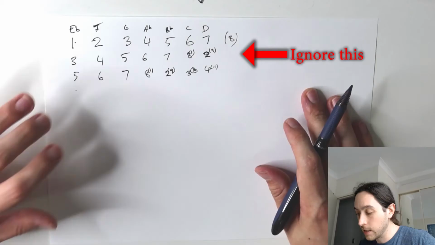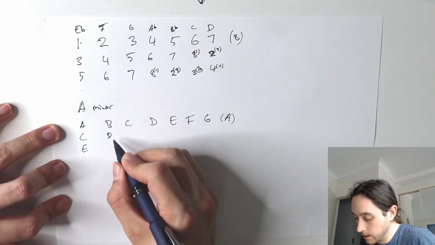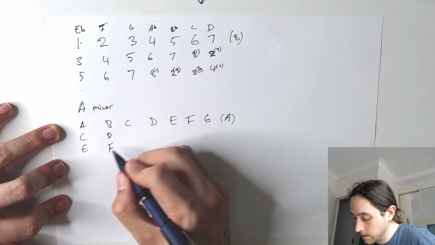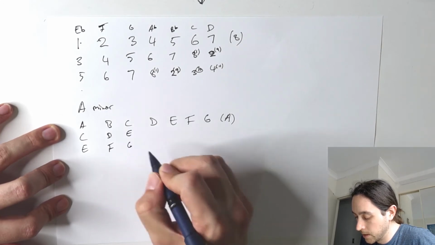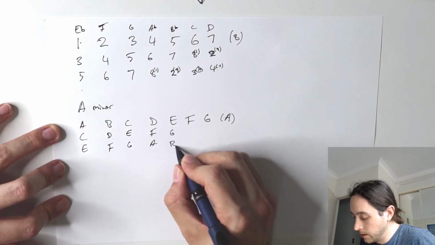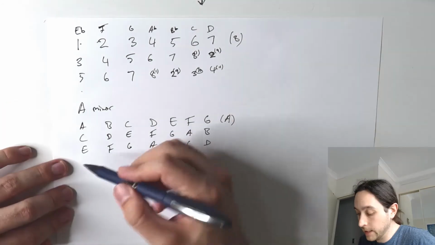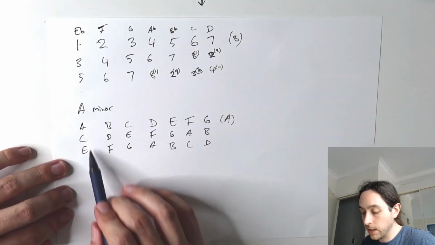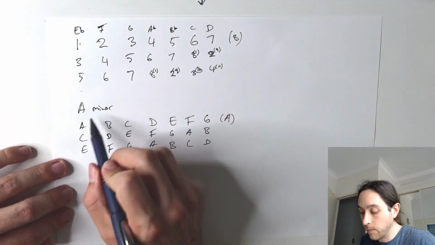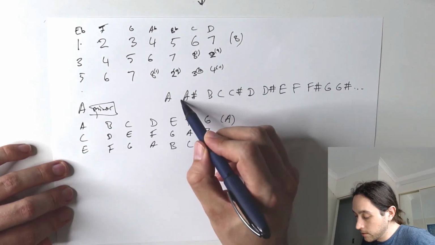Next piece of paper. Let's do A minor. There's A, C, E, B, D, F, C, E, G, D, F, A, E, G, B, F, A, C, G, B, D. We need to start looking at the musical alphabet again because immediately we're starting in a different place and we're going for a minor chord. We know that we need to remove the notes here.